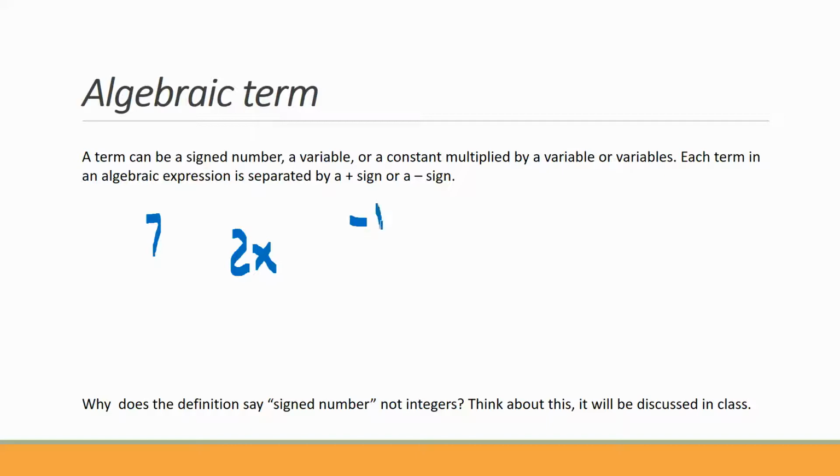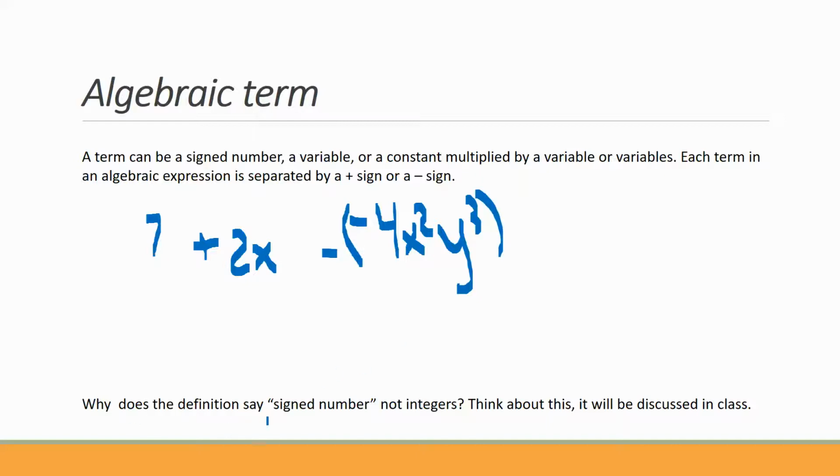Negative 4x squared y cubed is also an algebraic term. To be an algebraic expression, we would just put addition or subtraction signs in between all of these.